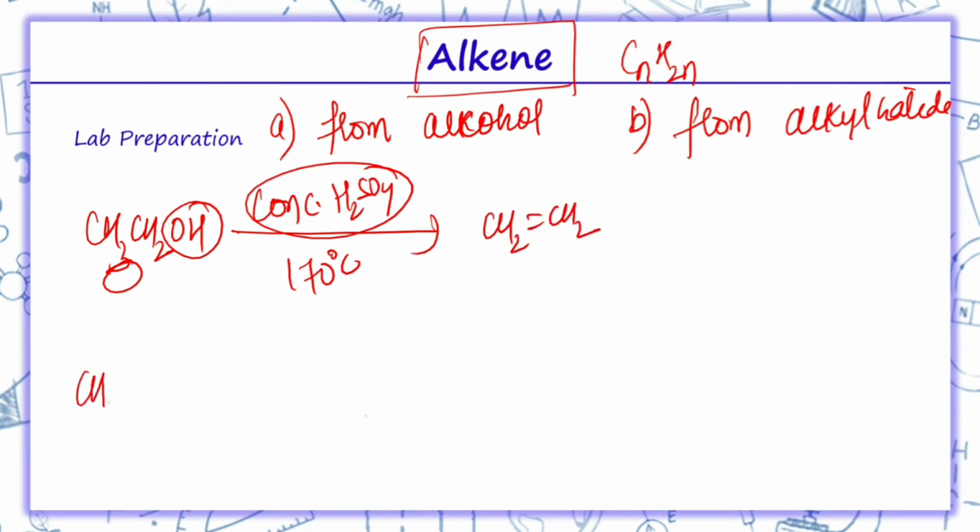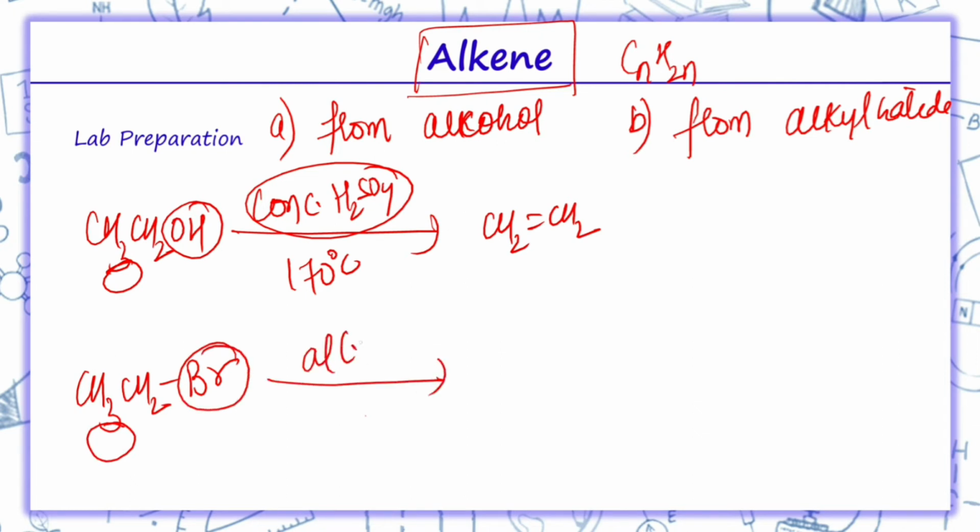Similarly, if we take alkyl halide, that is CH3CH2Br, from here H and Br will be removed in the presence of alcoholic KOH. This is known as dehydrohalogenation, and thus we get alkene. So these are the lab methods to prepare alkene.